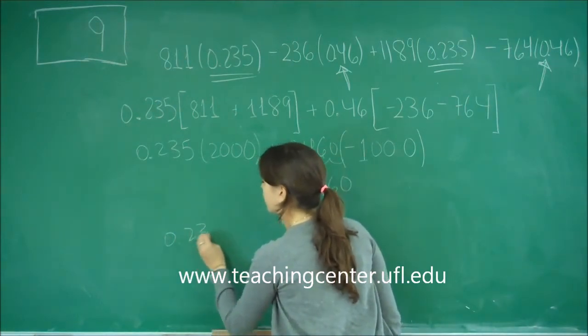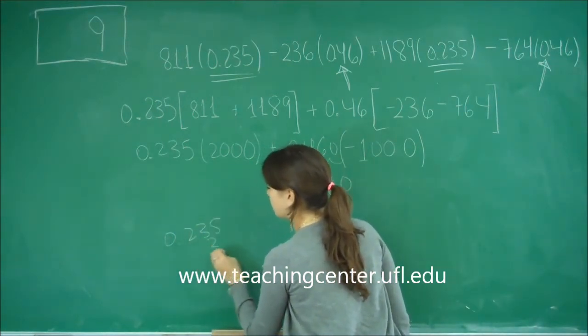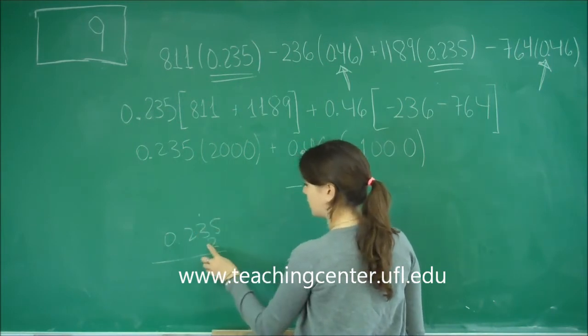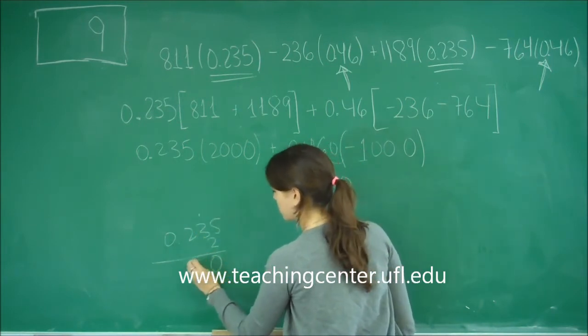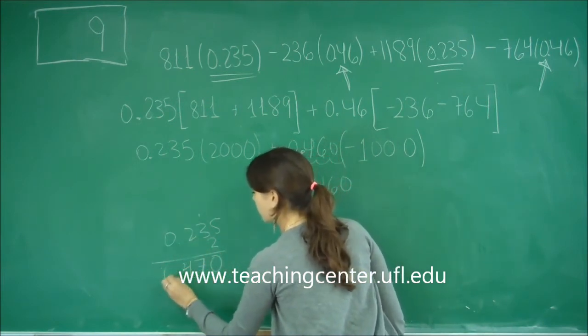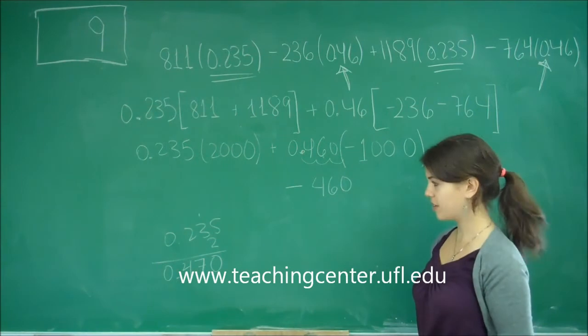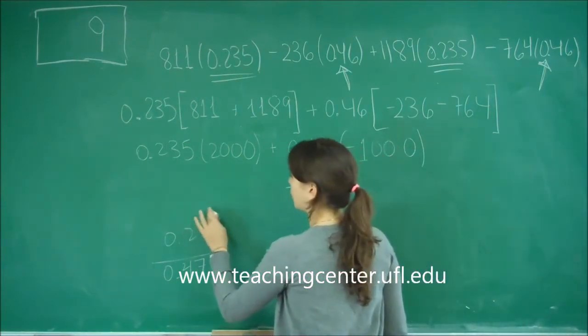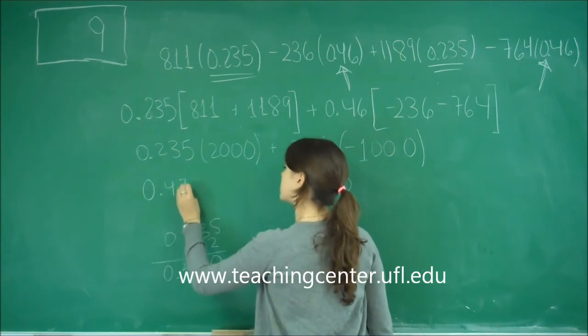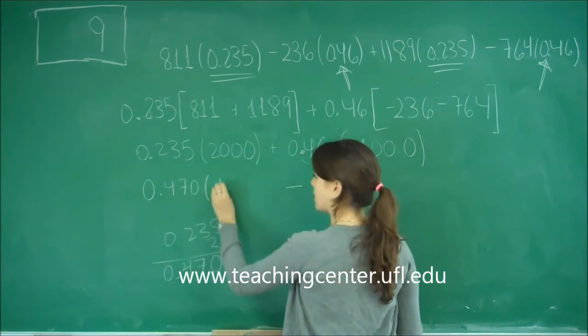So 235 times 2. 5 times 2 is 10. 2 times 3 is 6 plus 1 is 7. 2 times 2 is 4. So 0.47. So what this is doing is I have 0.47 times 1,000.